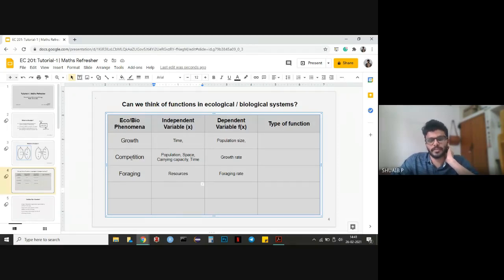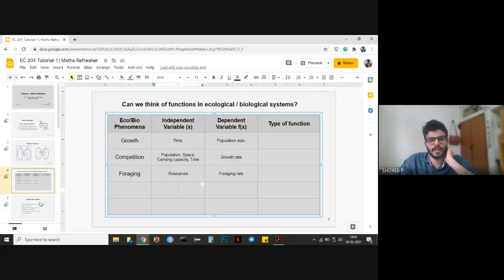So we can think of many such ecological phenomena which we can represent in terms of function, and we can come back to this diagram later and think of what would be the function for these different kinds of relations.